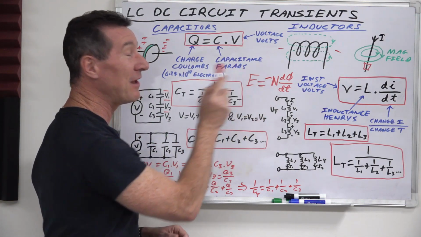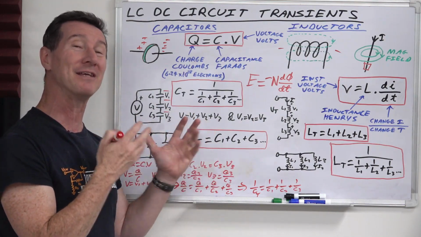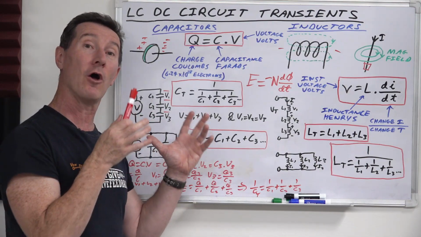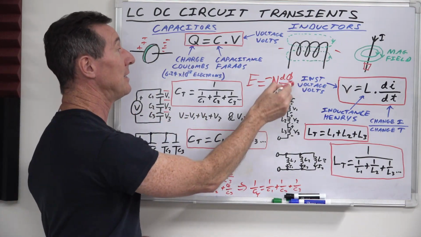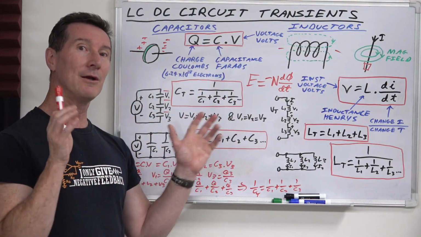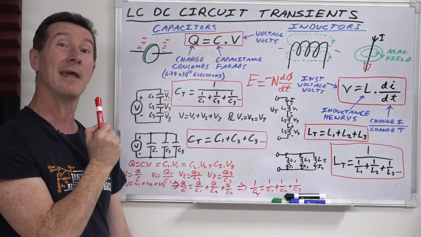Now, the negative here is actually Lenz's law, and you can go look that up, but it basically says that the voltage is going to be the opposite of the change that actually produced it. So that's where the negative comes from. Anyway, that'll actually be important in the discharge side of inductors when we look at that next.